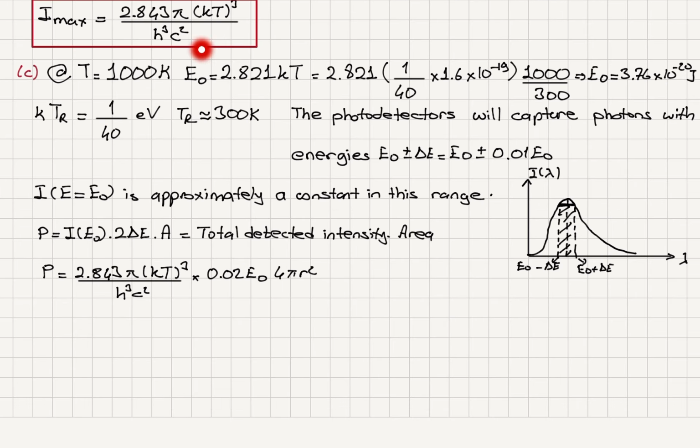So we have the maximum intensity here plugged in, 2 delta E, that's this window, multiplied by the area 4 pi r squared.